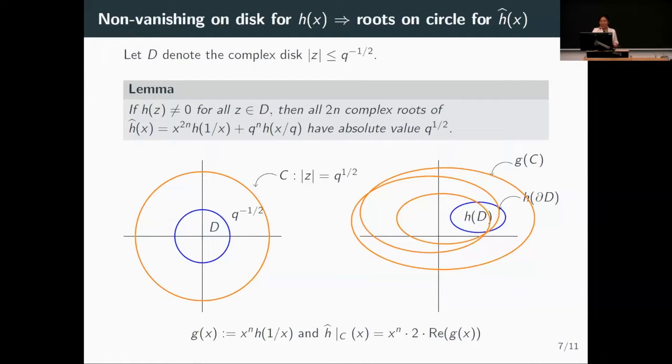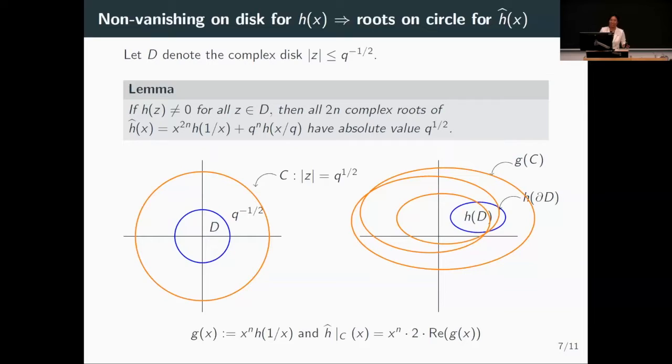But then when I take the real part and multiply by x to the n, this is exactly my h hat. So this means that if I evaluate my h hat on the circle with radius square root of q, it has at least 2n roots. But my h hat is a polynomial of degree 2n, so all of its 2n roots have to lie on this orange circle.